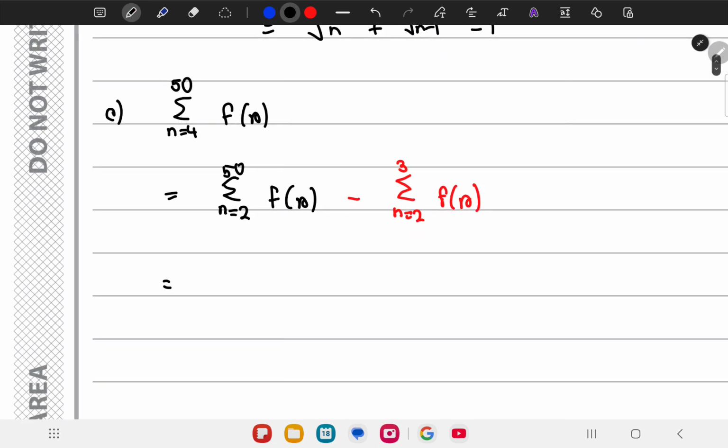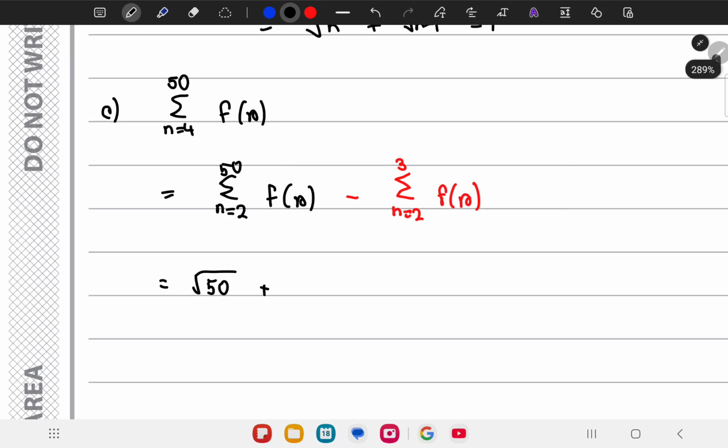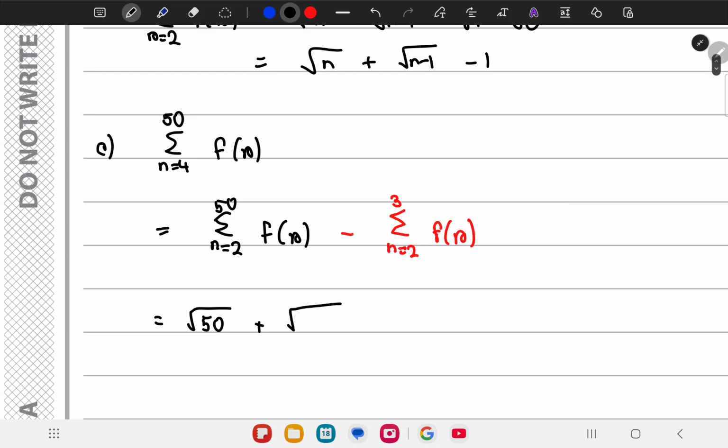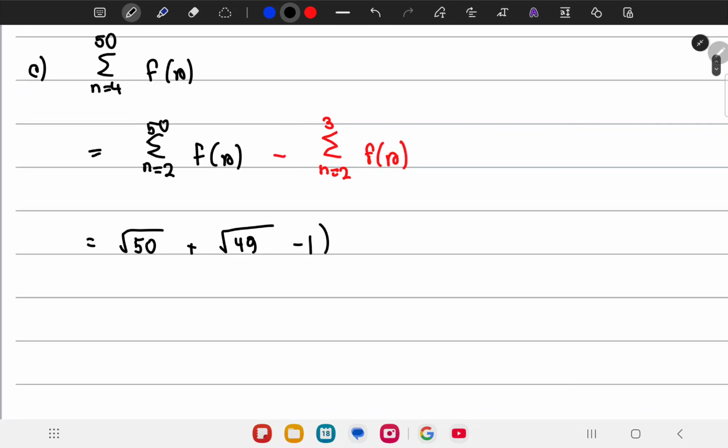So if I calculate this, I'll use the formula for this. So this is root 50 plus root 49 minus 1, and the right part would be root 3 plus root 2 minus 1.